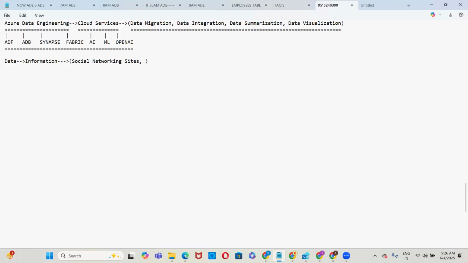Apart from this, we can get data from banking applications, and from the live streaming process.